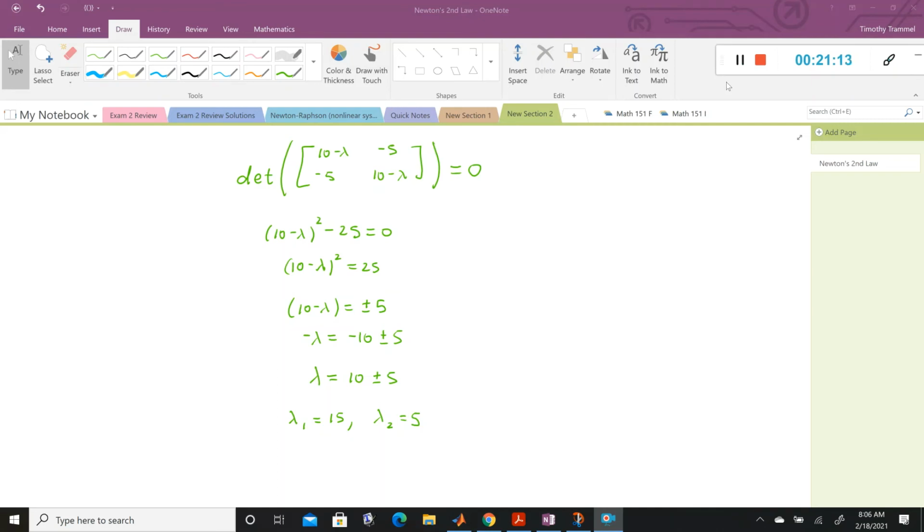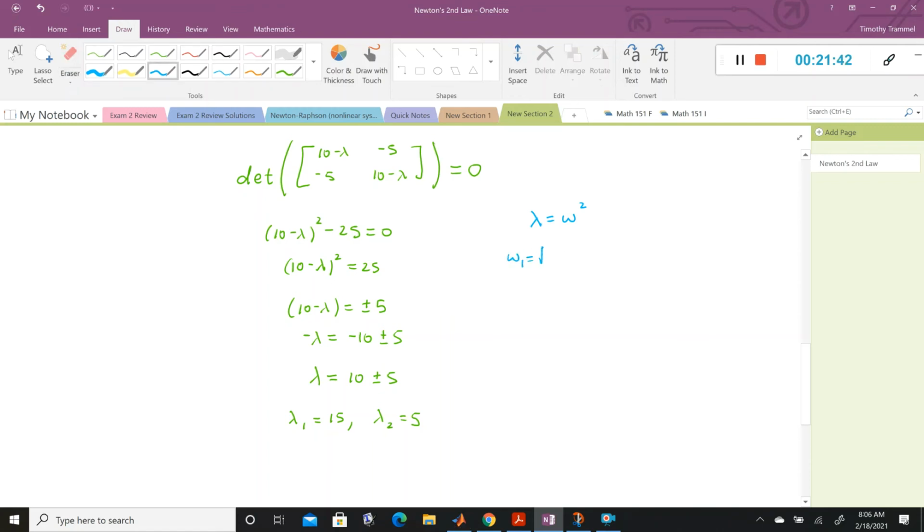Now that we're back to our work for our eigenvalues, let's also recall that lambda is actually in place of omega squared. So what that means is that we're going to be talking about two different frequencies here. Let me write those.